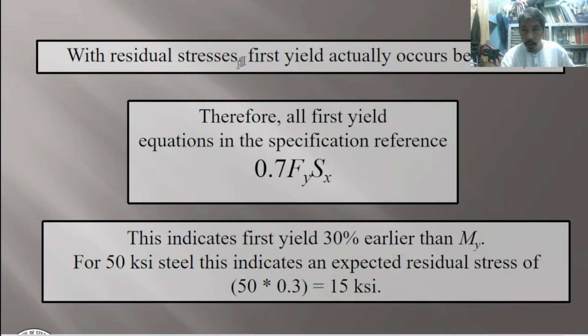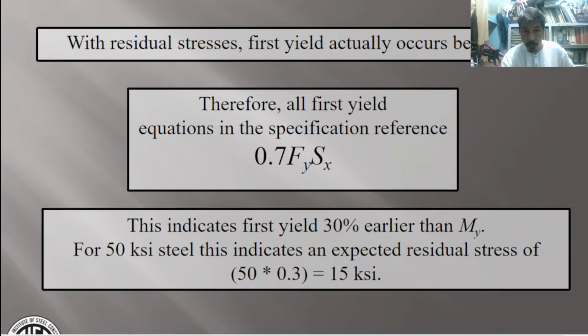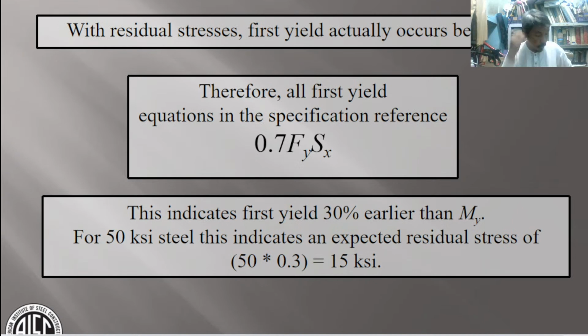So with the residual stresses, first yield actually occurs before My. Because we have residual stresses, the residual stresses will contribute to the total. That's why My will be less, because of that residual stress.